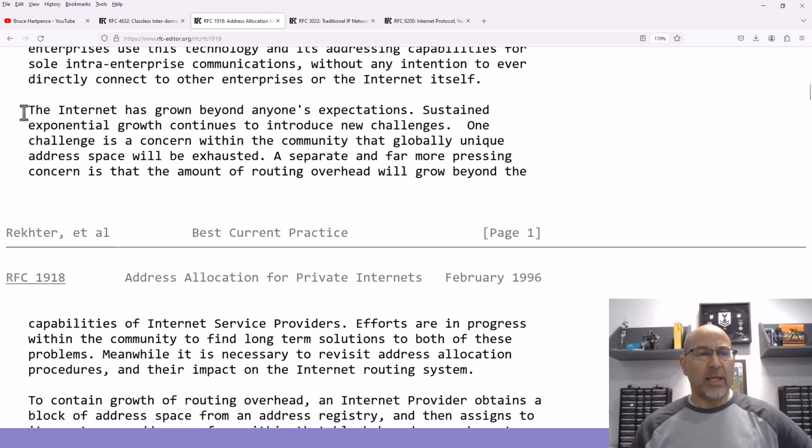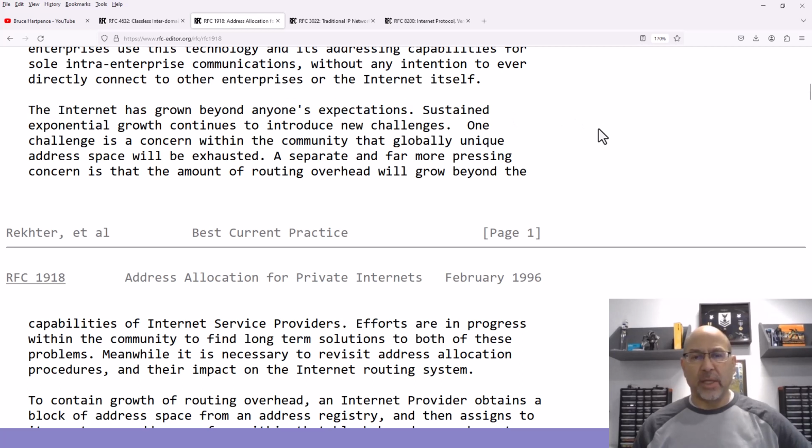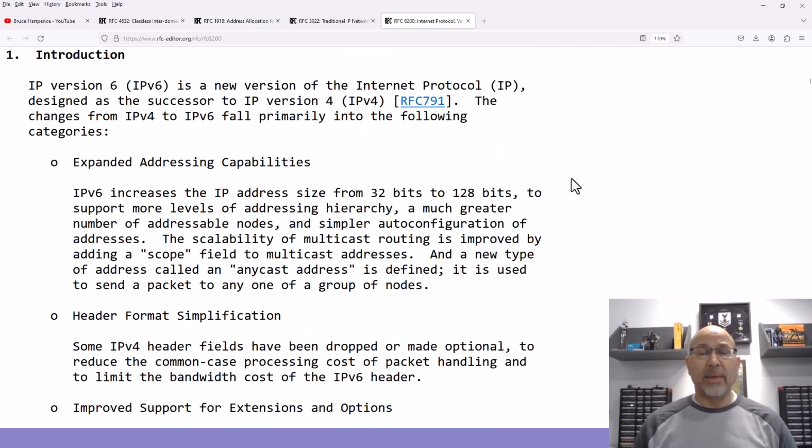And we can see right here, the internet has grown beyond anyone's expectations. Sustained exponential growth continues to introduce new challenges. Okay, so we've got this idea that address space is running out. So network address translation was introduced as a short-term solution to mitigate that. Then, of course, we have IPv6.